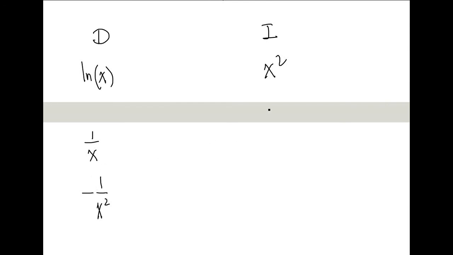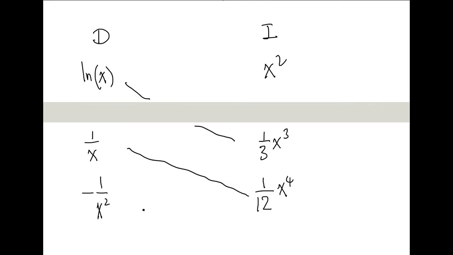Now for antiderivative, this time we will have 1/3 x cubed, and if antiderivative again, we would have 1/12 x to the 4. So let's use the formula now. Diagonal, diagonal, but then horizontal, and we have plus here, minus, and plus. So what does the formula give us?